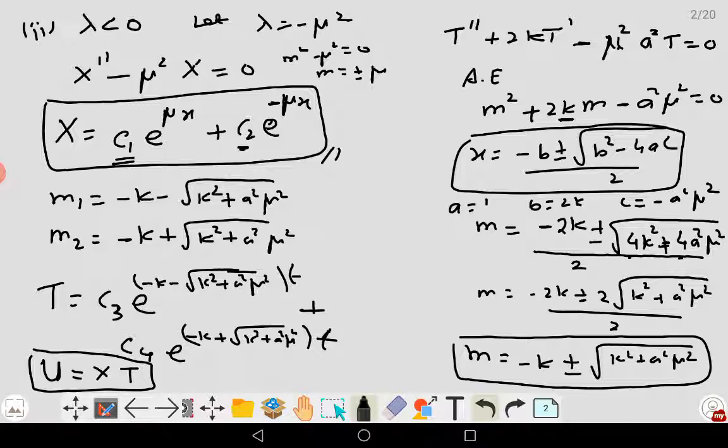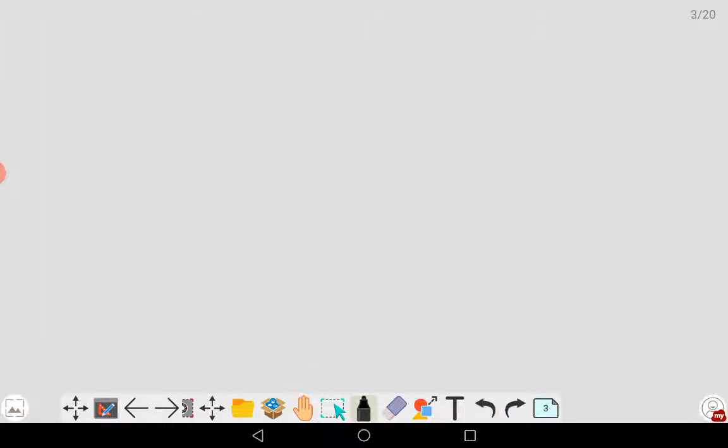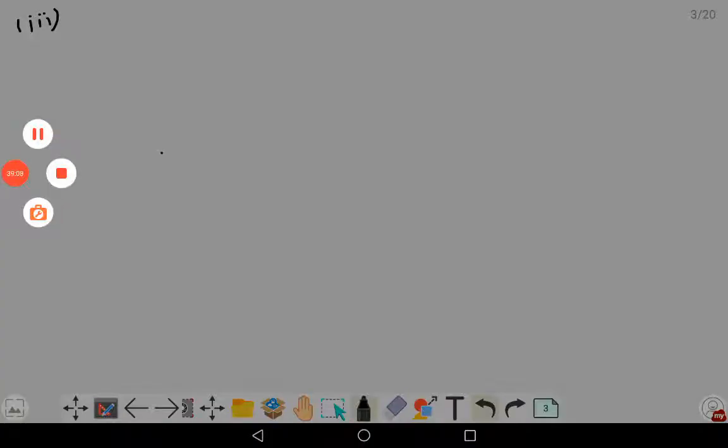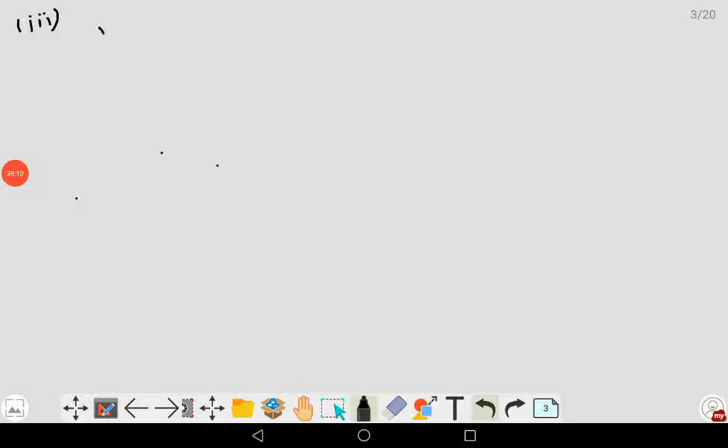Now we are looking for case 3. Lambda is positive. So let lambda be positive mu square.